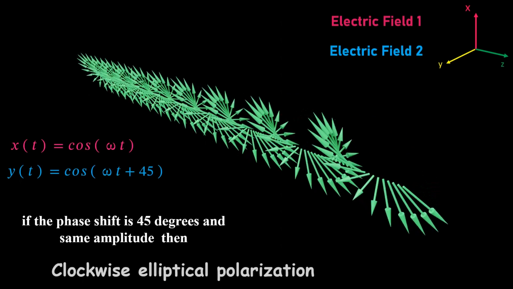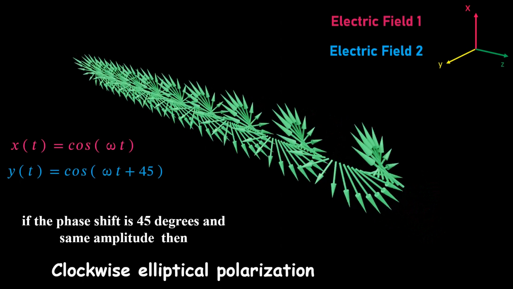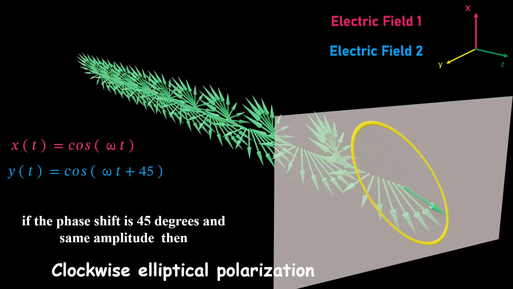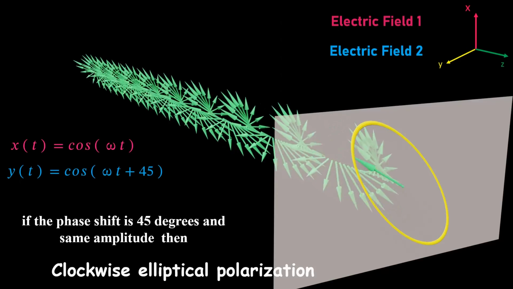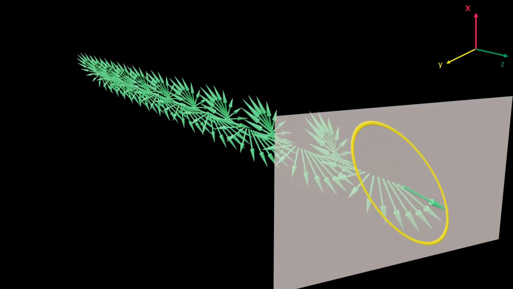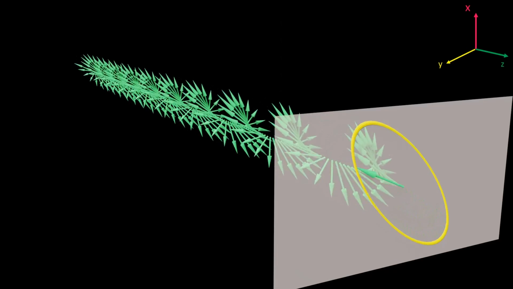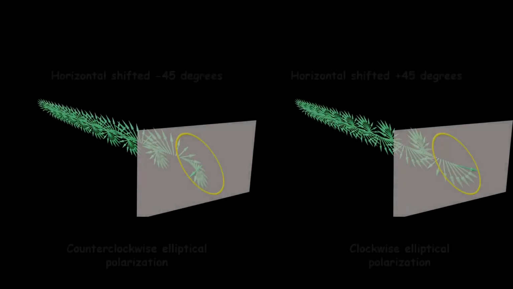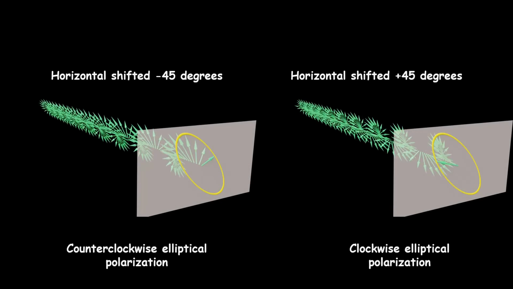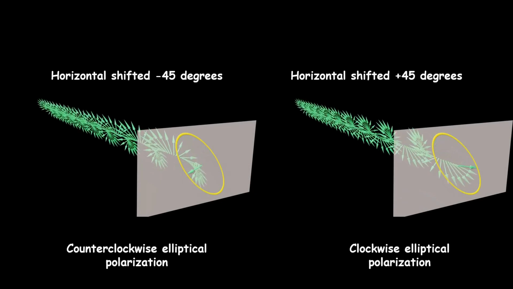It produces clockwise elliptical polarization. Also, it may be clockwise or counterclockwise, depending on the sign of the phase shift.